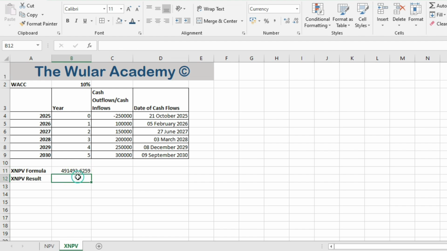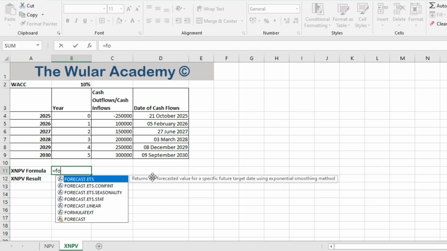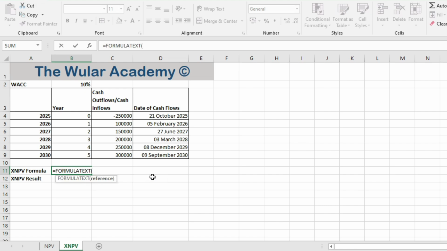So now let us display the result. This is the result. Now let us display the XNPV formula. To display the formula, we will use the FORMULATEXT function, and we will refer to the cell in which we have the formula. This is the cell B12.